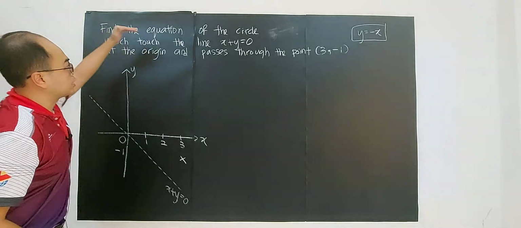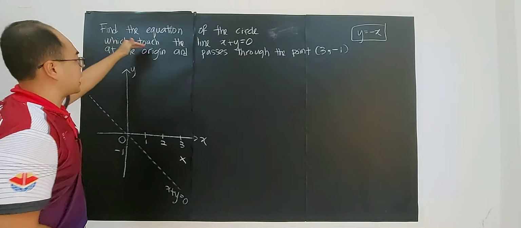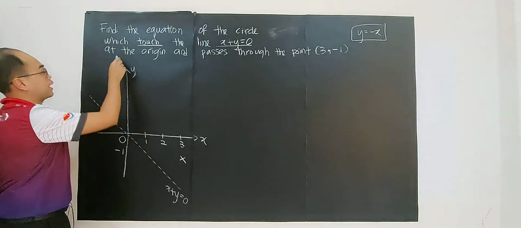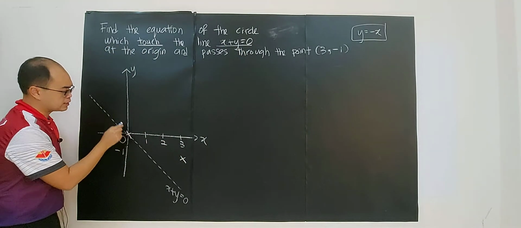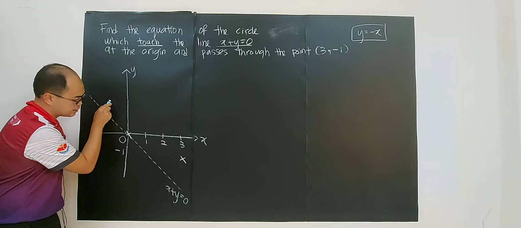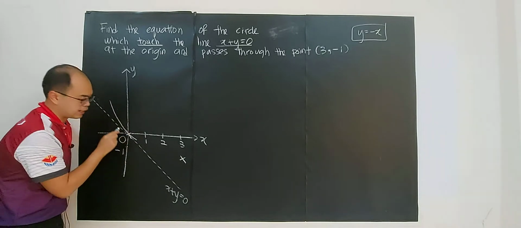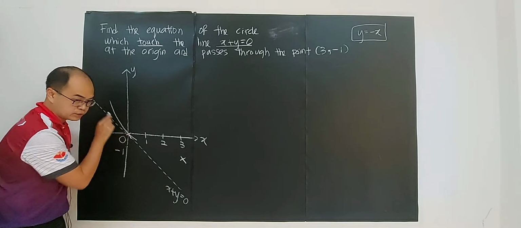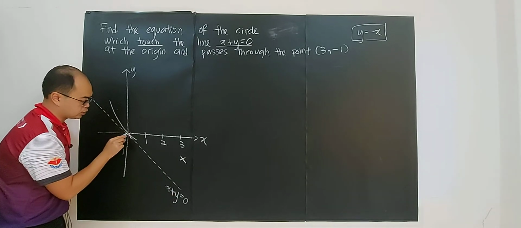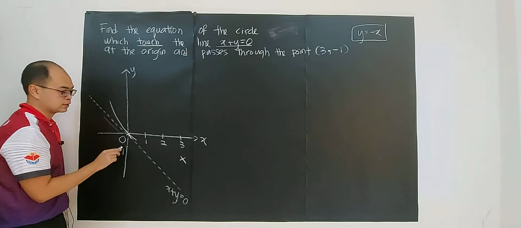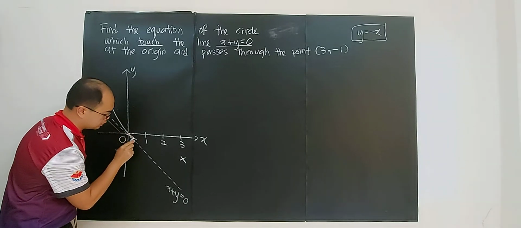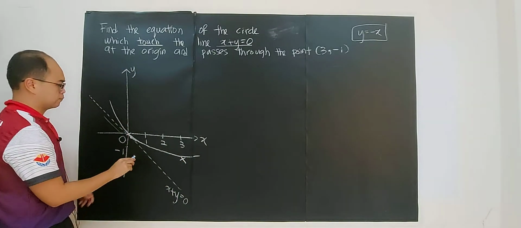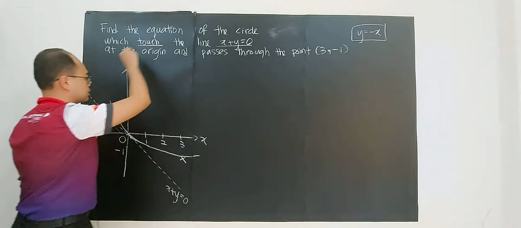Read carefully: the equation of the circle which touches the line x plus y equals 0 at the origin means that the circle is touching the line at the origin, which means the line is a tangent to the circle. And if I draw this circle, which also passes through (3, -1), it will be a very big circle.